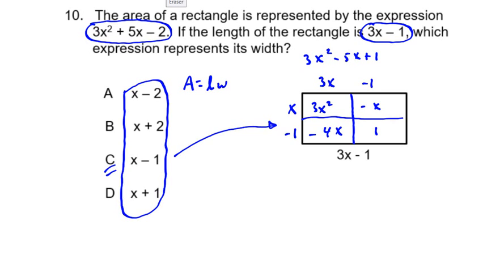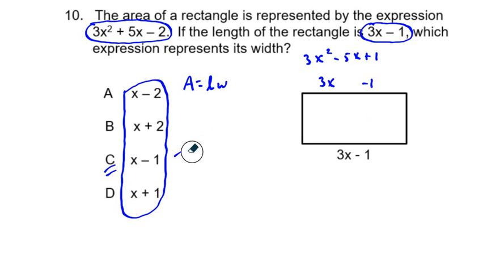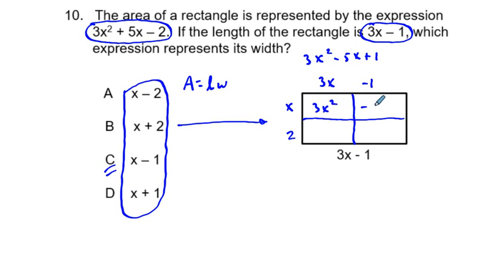So this is not going to be a correct width. So let's go ahead and try what I believe the right answer is going to be. I think it's going to be B. So trying B, we're going to have x plus 2, so we get 3x squared minus x plus 6x and minus 2.